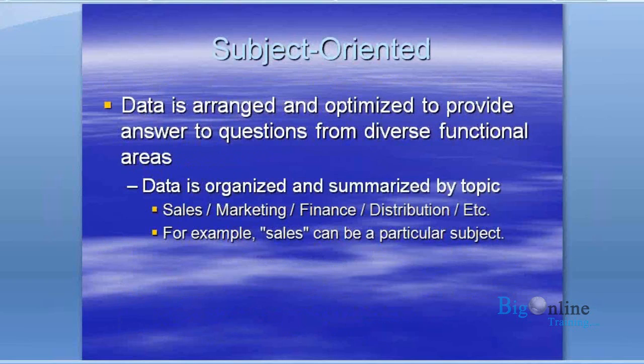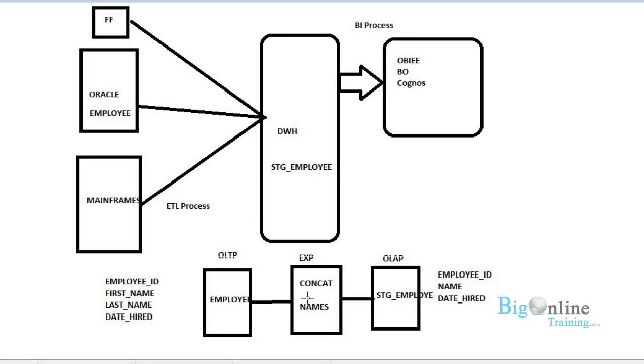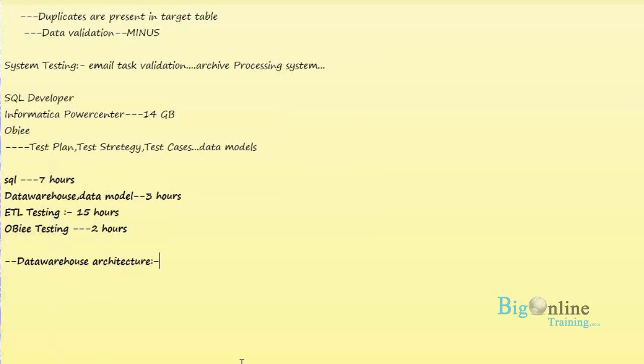And the main thing is that the data warehouse is also called a subject-oriented system. Why do we call the data warehouse a subject-oriented system? In the data warehouse, the data is categorized according to the subject area. When I say subject area in data warehousing terms, it is nothing but a department in your organization. In an organization, you'll have multiple departments, right?